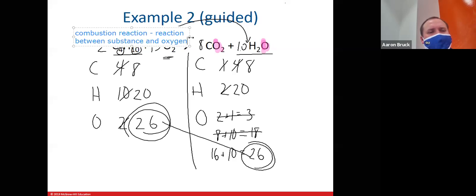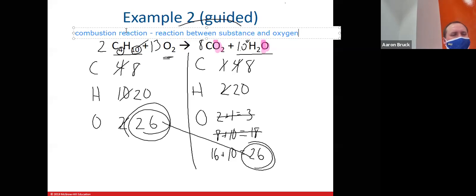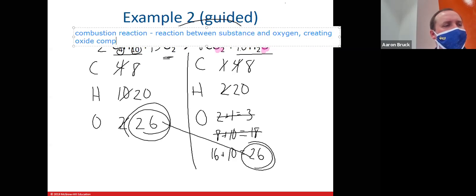Combustion reactions we can pick out as having a reaction between some kind of substance and oxygen, creating oxide compounds. Most common of these are carbon dioxide and water.